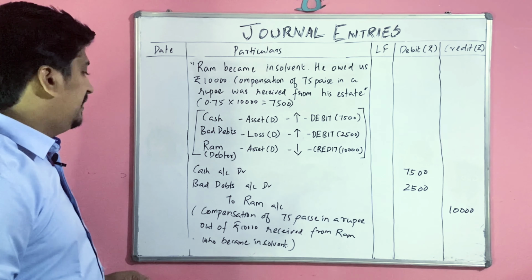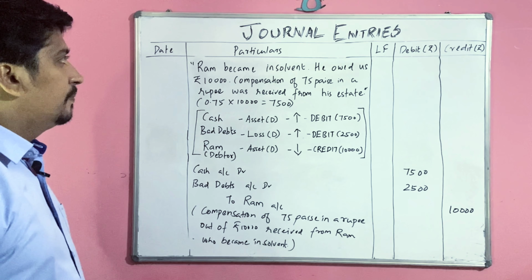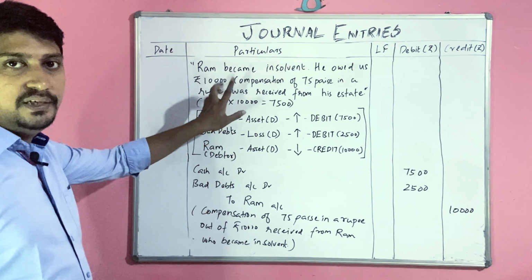So you can simplify like this, and you can write the narration for bad debts. This is the journal entry for this transaction.